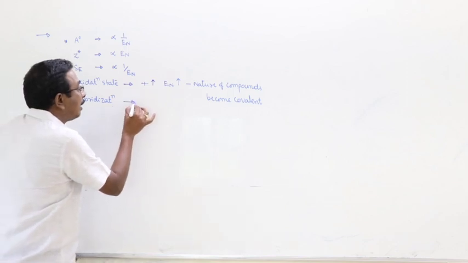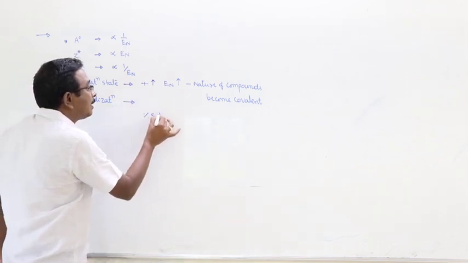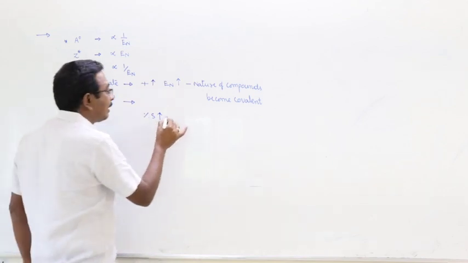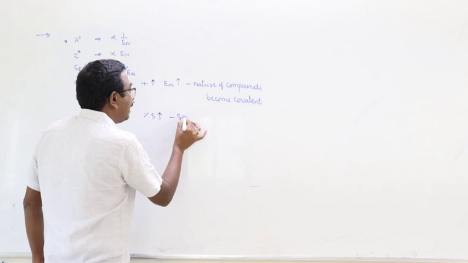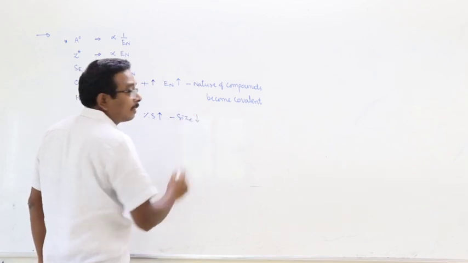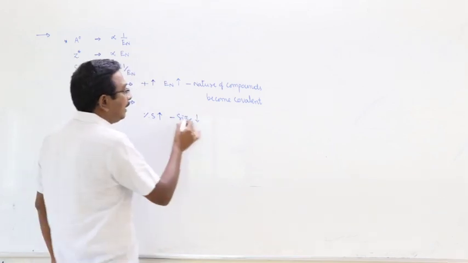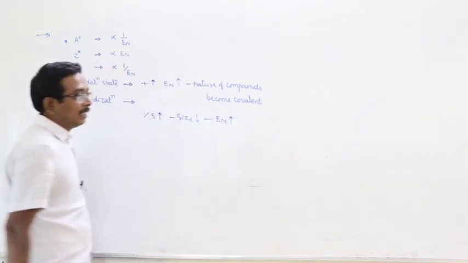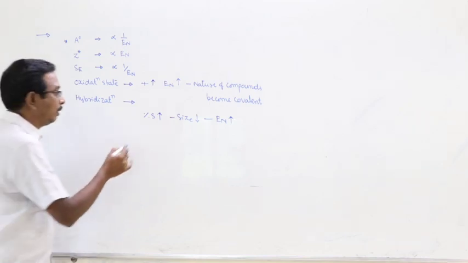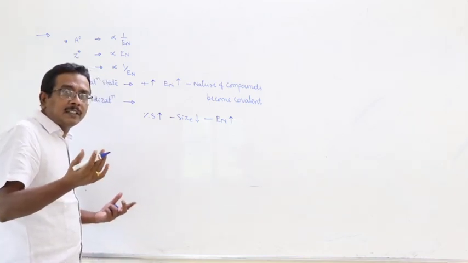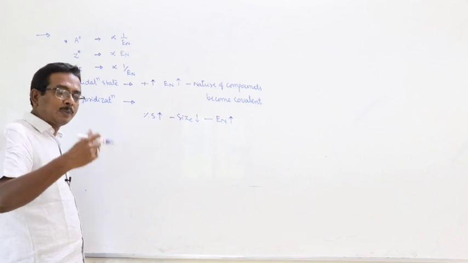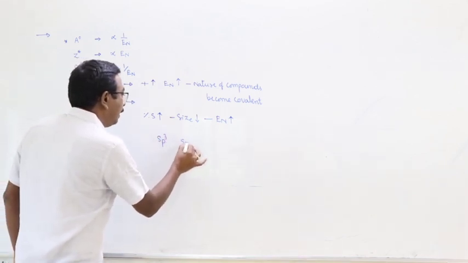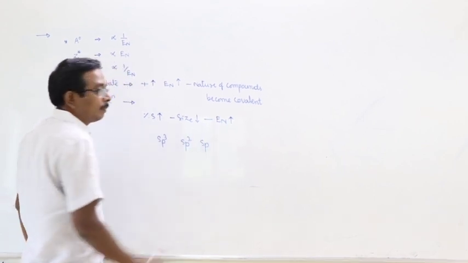In hybrid orbitals, with increase of percentage of s character, here size decreases. With the decrease of the size, the electronegativity of hybrid orbitals increases. Example, we are familiar with three different types of hybrid orbitals, most common. What are they? sp3, sp2, sp.